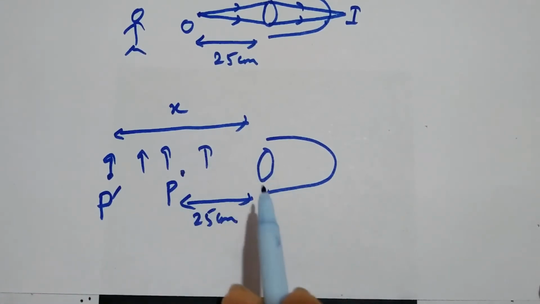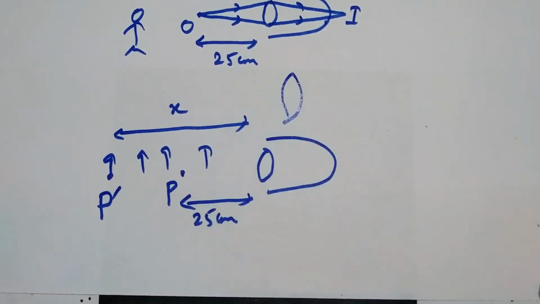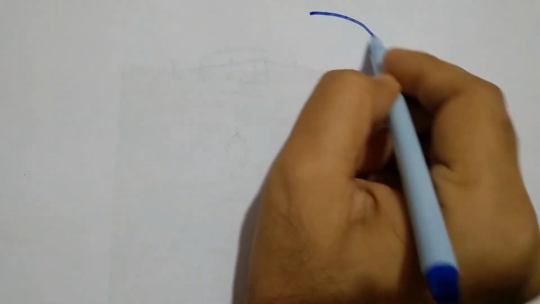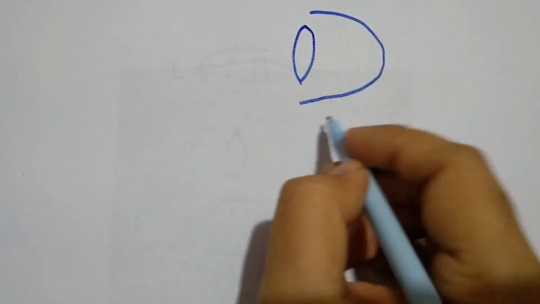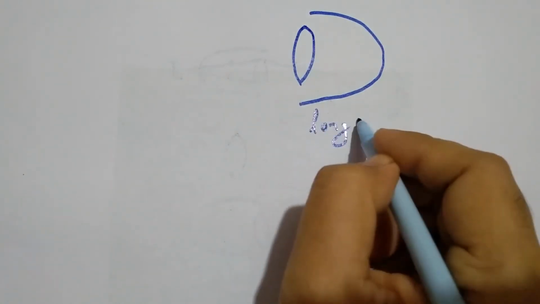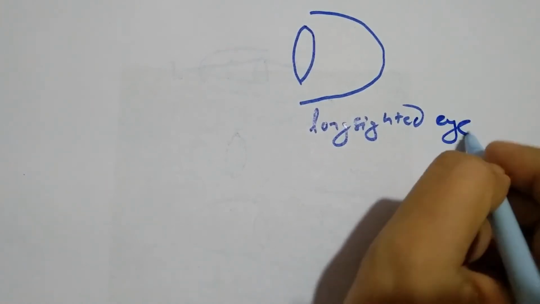Well, it can be corrected on wearing convex lens of suitable focal length. Now let's see through a ray diagram how a convex lens corrects the problem. Suppose this is our long-sighted eye.